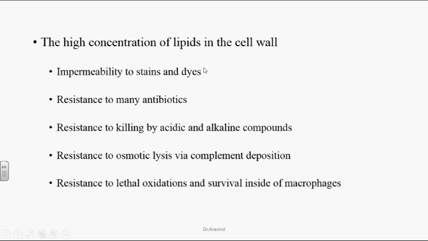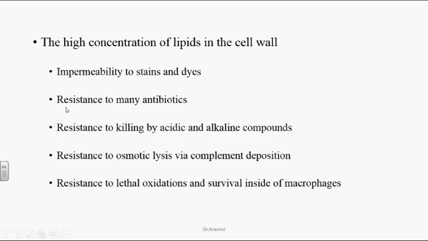High concentration of lipids in the cell wall makes this organism impermeable to stains and dyes, so we can't perform regular gram staining on this organism. Most of the time it takes a very weak stain. After a prolonged gram staining procedure, it takes a very light purple, gram-positive, crystal violet stain.